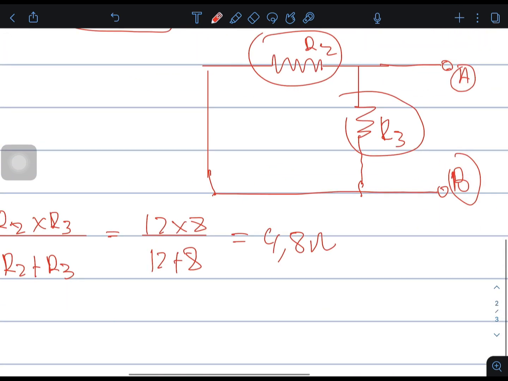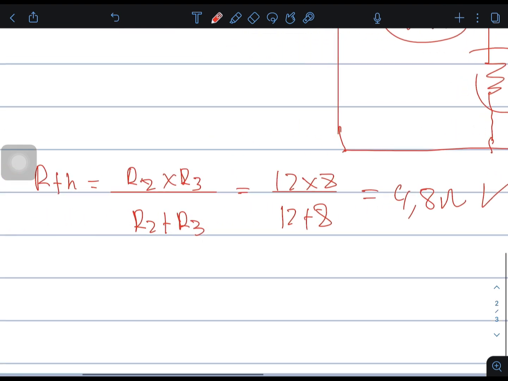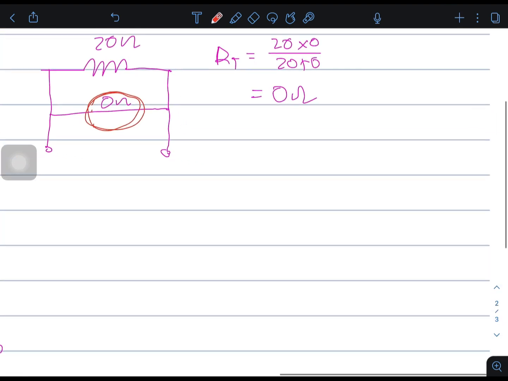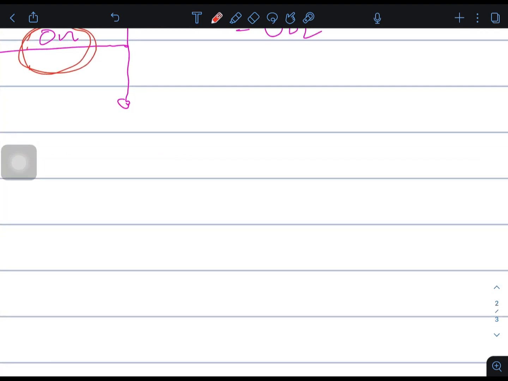Guys, now we have calculated the Thevenin voltage. We have calculated the Thevenin resistance. Now we just draw a Thevenin equivalent circuit. Every time you do Thevenin theorem, you will always end up with a Thevenin equivalent circuit.